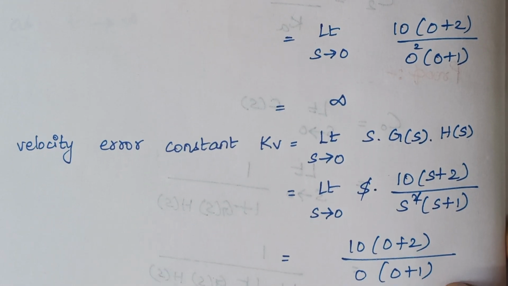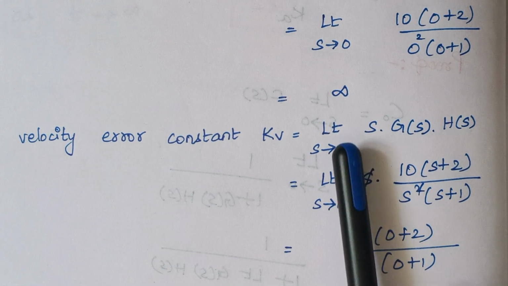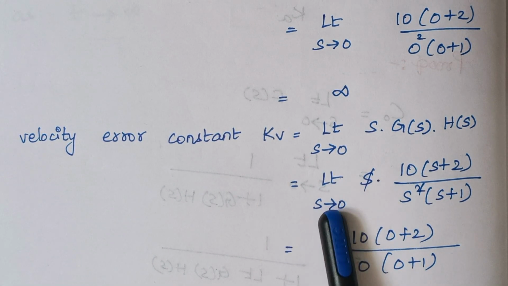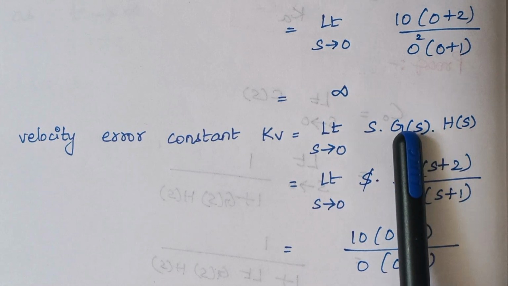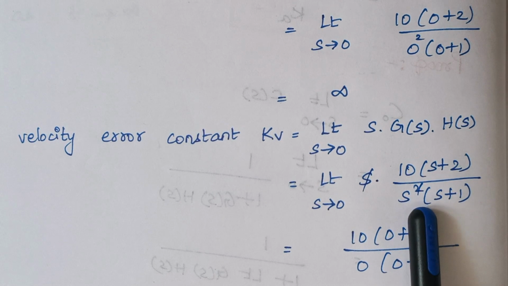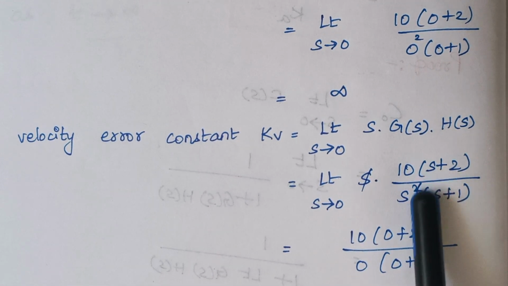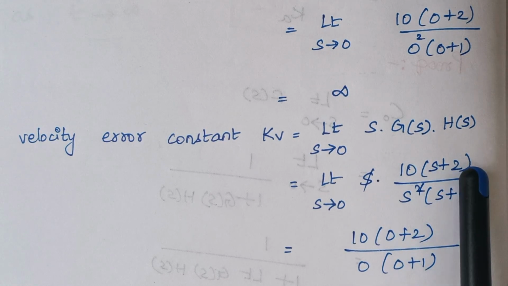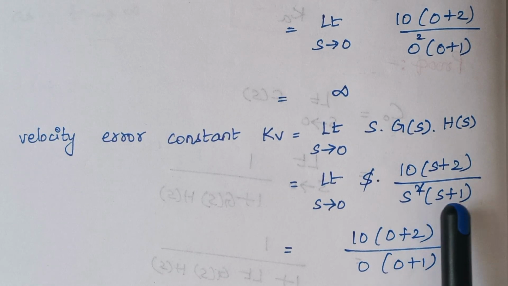So again the velocity error constant, the formula is limit s tends to 0, s into G of s into H of s. So the limit s tends to 0, s into, just substitute the value of G of s here. When you substitute the value of G of s here, this s and 1 s get cancelled. So the remaining term is 10 into s plus 2 divided by s into s plus 1.